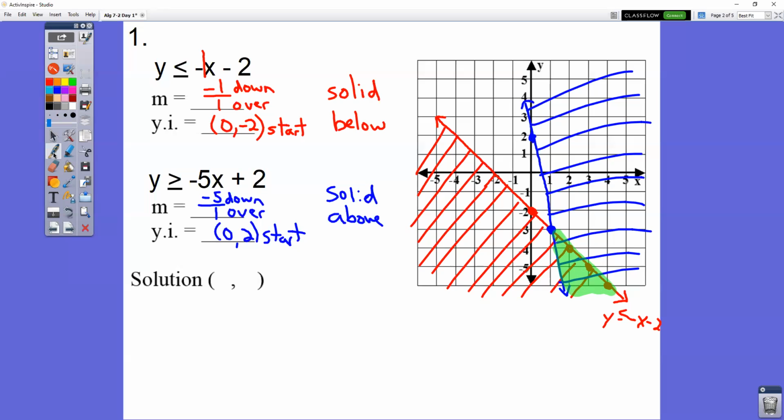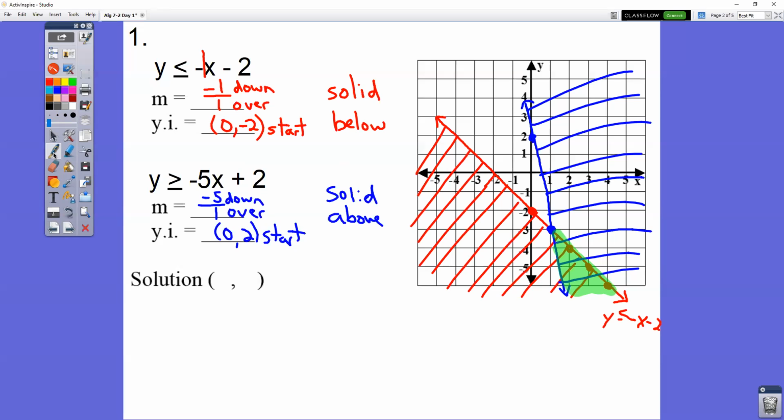So is 2, negative 4 a correct answer? Yes, it is. Is 3, negative 5 a correct answer? Yes, it is. Where they cross, because they're both solid lines, that is a correct answer as well: 1, negative 3. But you're just safer picking a point in the double shaded area.